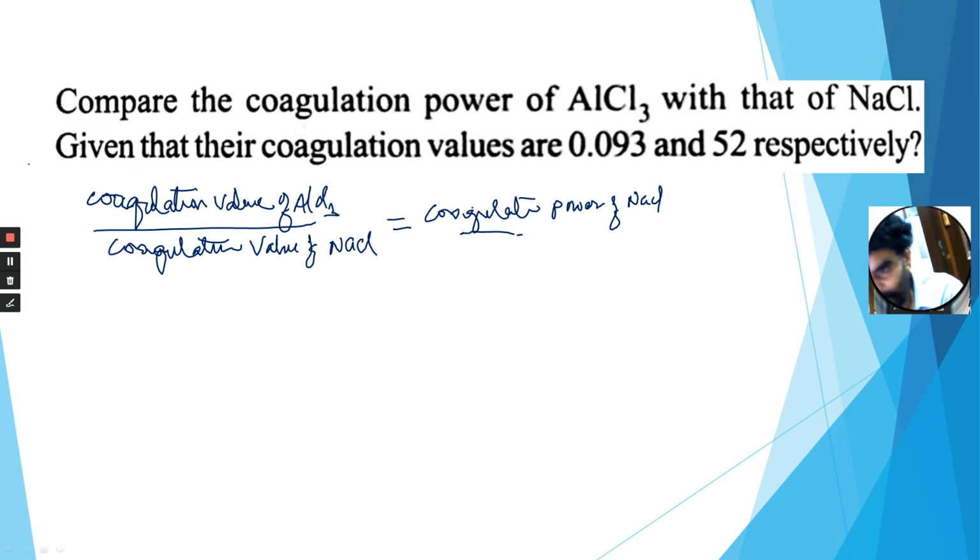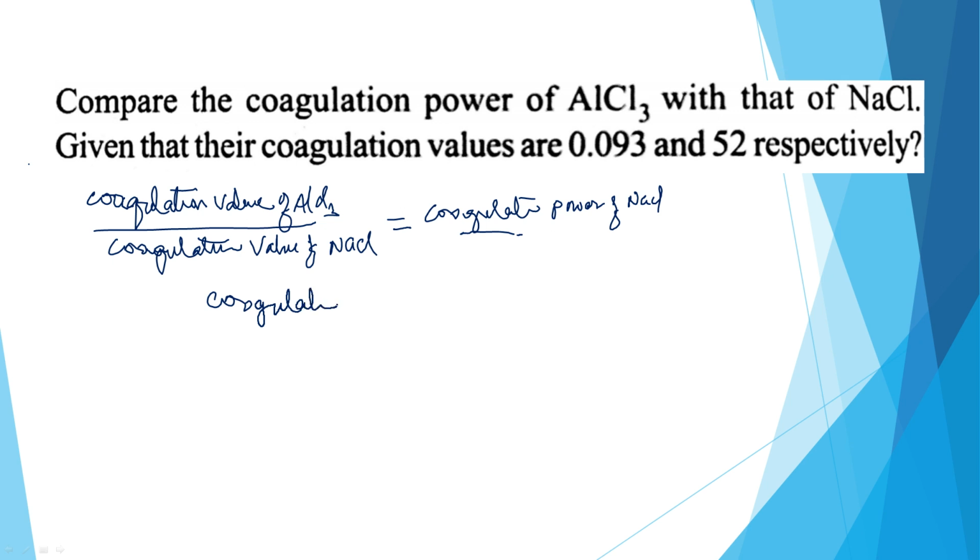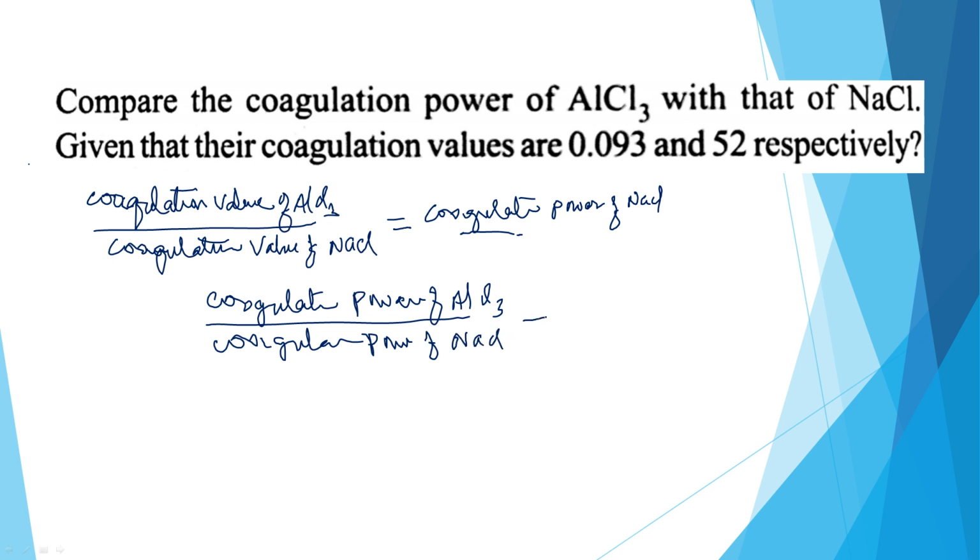So now this is not correct. The other way we have to write: coagulation power of AlCl3 by coagulation power of NaCl is equal to coagulation value of NaCl by coagulation value of AlCl3.